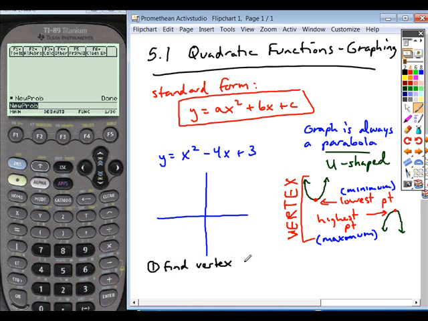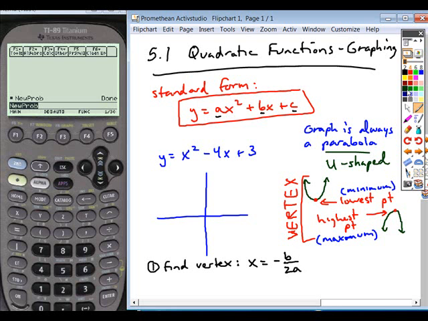The x-coordinate of the vertex can be found by using the following relationship: x is equal to negative b over 2a. And so when you write your equation in standard form, you see your coefficients a, b, and c of the decreasing powers of x. Okay. When you look at that, the a value and the b value come into play to find where the vertex is located.